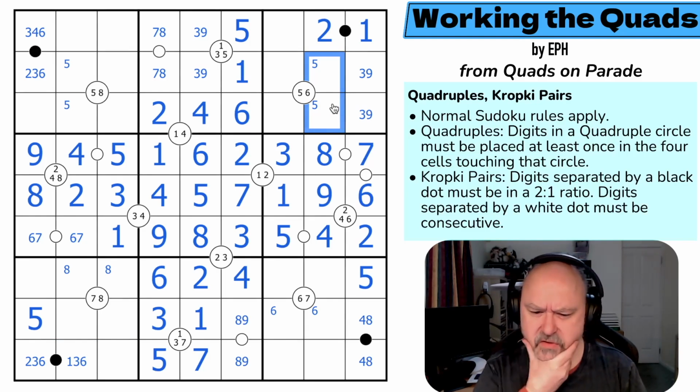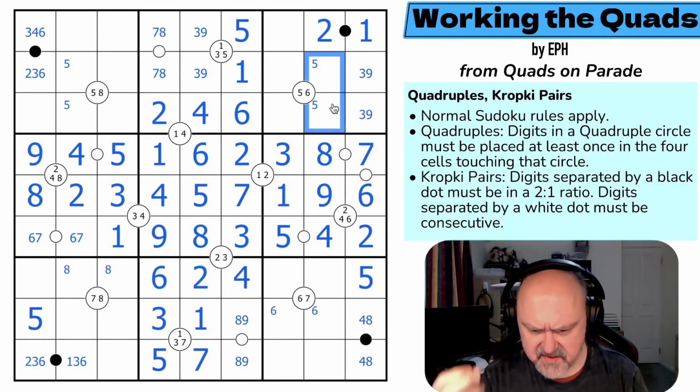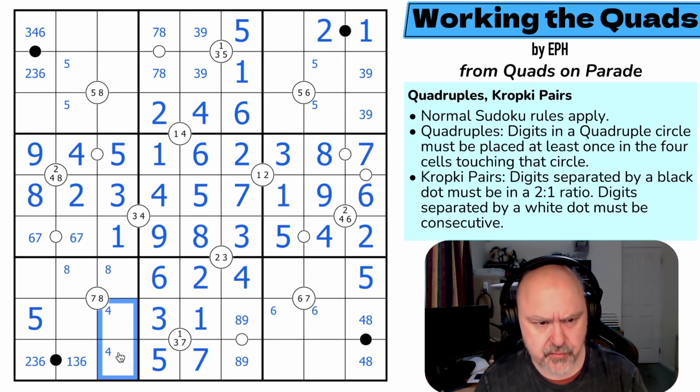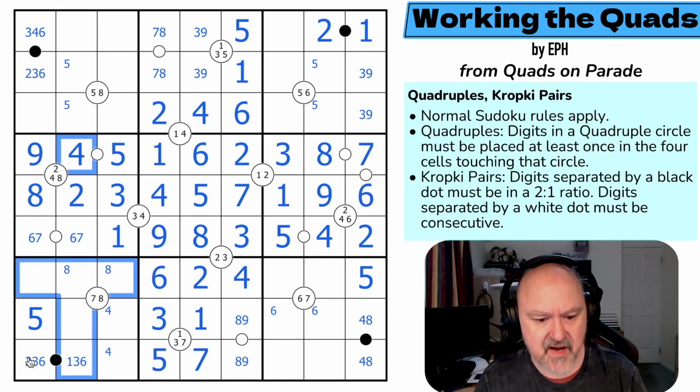I feel I'm using the clues correctly, I'm just missing obvious deductions. 4 is in one of those two. Right, that's important. I can't put 4 there. This 4 is knocking 4 out of those, and I can't put 4 here because this can't be 2, 4 or 4, 8 because of the 2, 4 and the fact that I can't use an 8. So 4 is in one of those two.